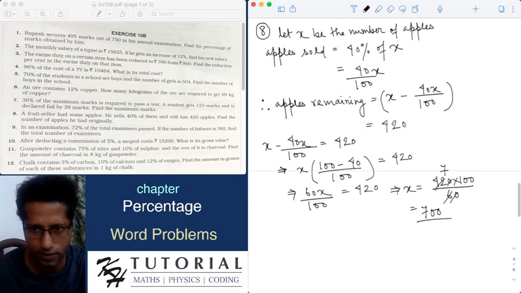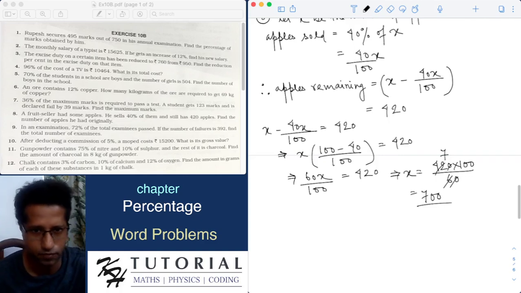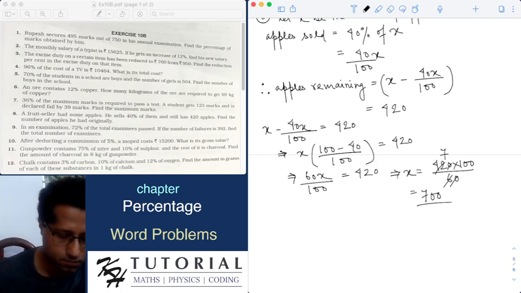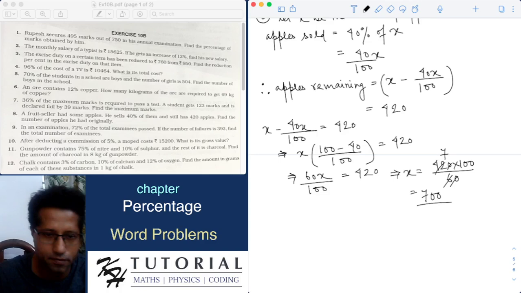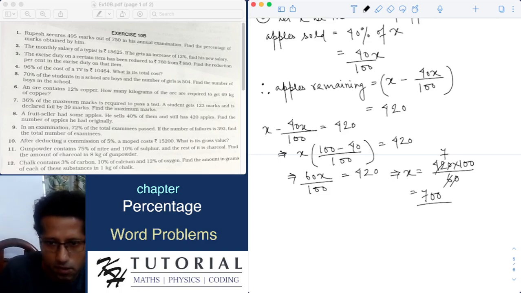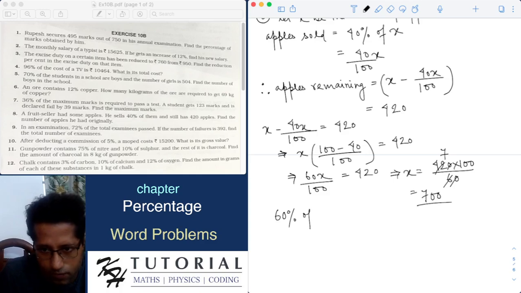Just as a side note, I'm trying to solve this problem a little different way. So 40% of the apples is sold. So how many remaining is definitely 60%. So I could have solved it like this: 60% of x, where x is the total number of apples the fruit seller originally had, is 420. So this implies 60 by 100 x equals 420.